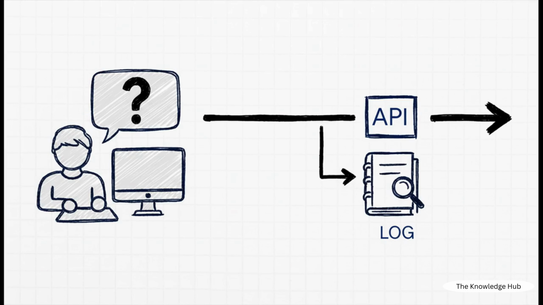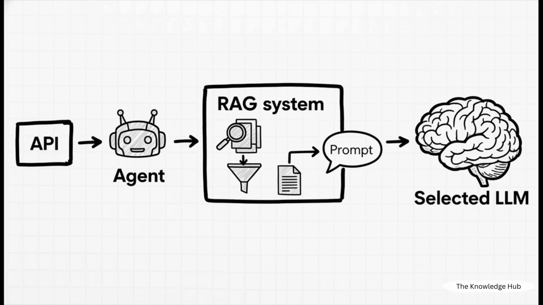Okay, so let's put this all together. Let's follow a single request from start to finish in a pro-level system. It all kicks off when a user sends a query, maybe through a simple UI you built. That request doesn't just run a script. It hits a real API endpoint. And the very first thing that happens is the entire request gets logged. That's going to be crucial for monitoring later. Next, your system's brain takes over.